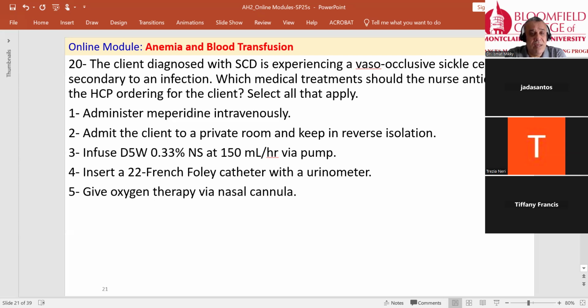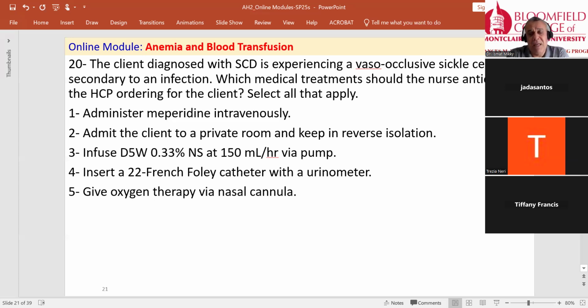Meperidine is contraindicated for two groups of people: older adults and sickle cell disease patients. The byproduct from the metabolism of meperidine results in what are called metabolites.